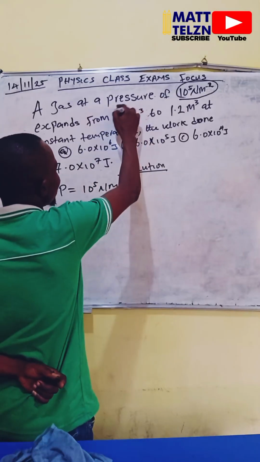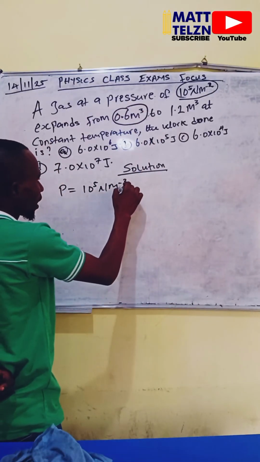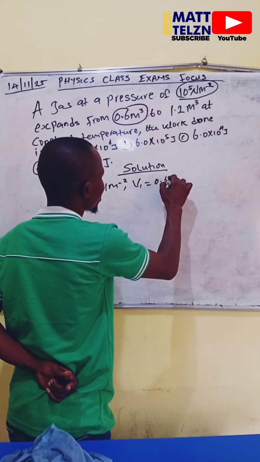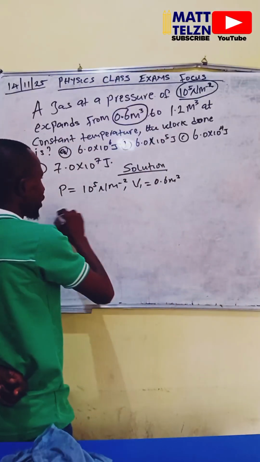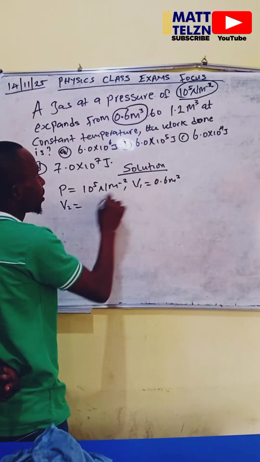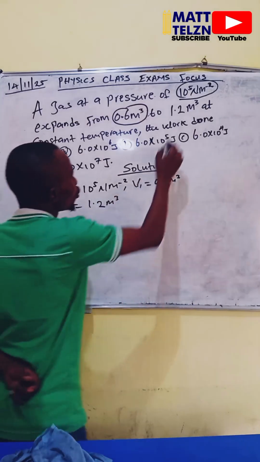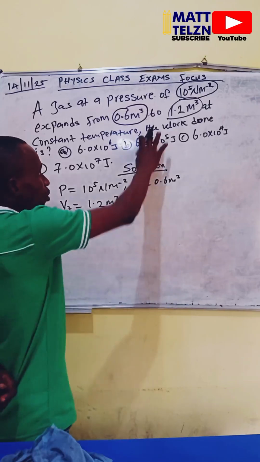Expand from, this is the first volume. I have my V1 equal to 0.6 meter cube to my V2 is equal to 1.2 meter cube. This is my V2 here at a constant temperature.